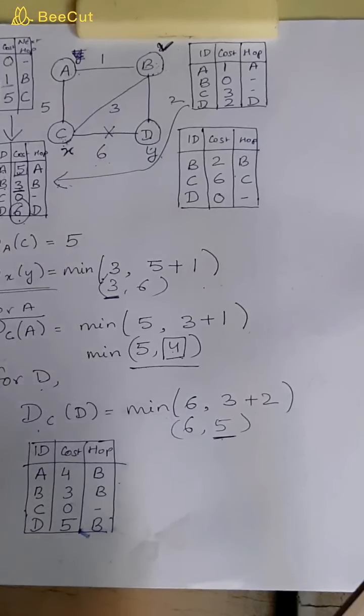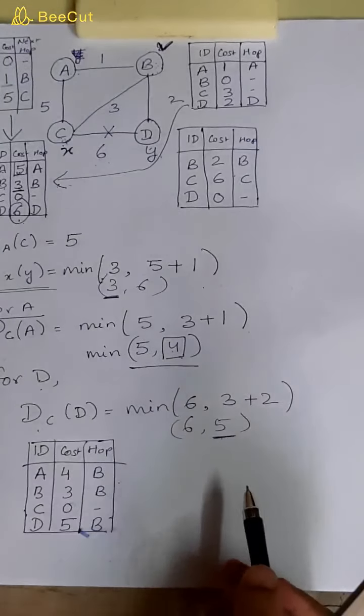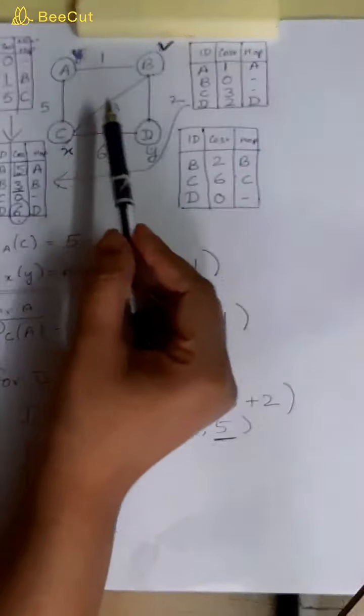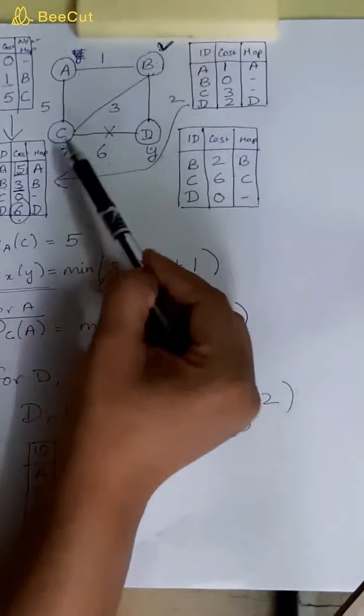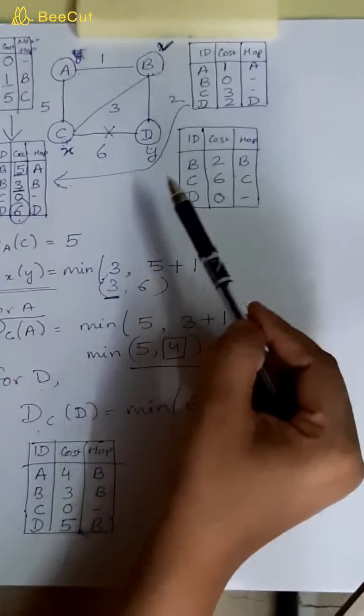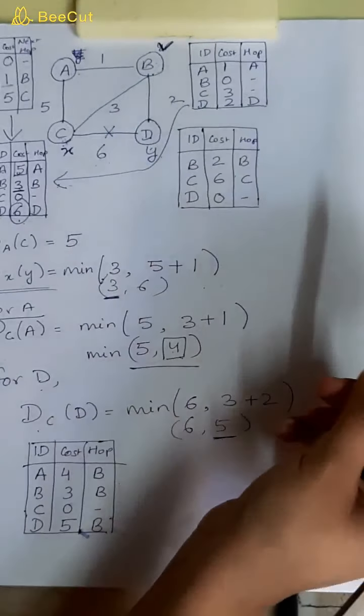So this is the main purpose of distance vector routing, in which we have to first of all prepare the initial table for the direct neighbors, then we have to consider the 2 hops.